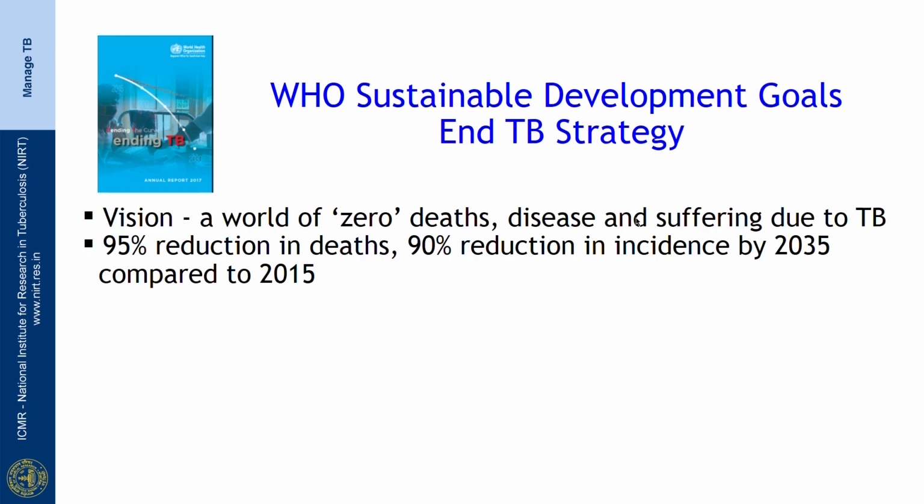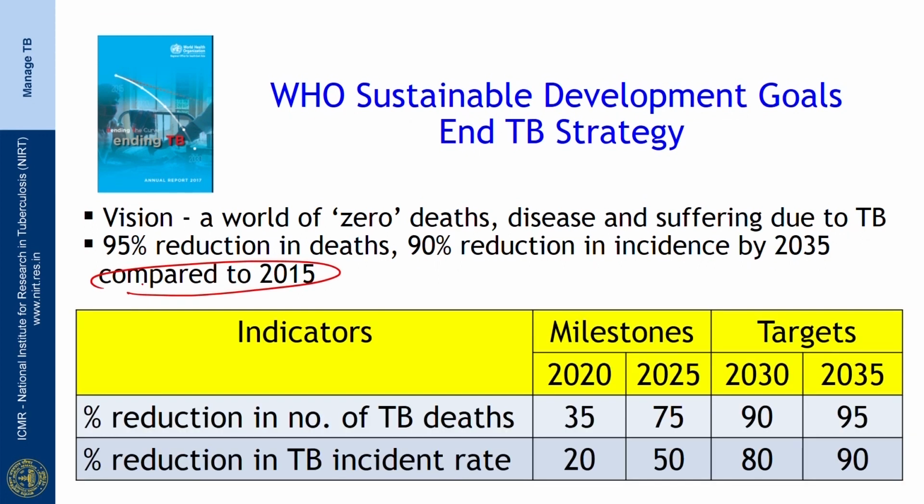The End TB strategy envisages a world of zero deaths, disease and suffering due to TB, and it aims at a 95% reduction in deaths and a 90% reduction in incidence of TB by the year 2035 compared to 2015. Towards this end, certain targets have been set.